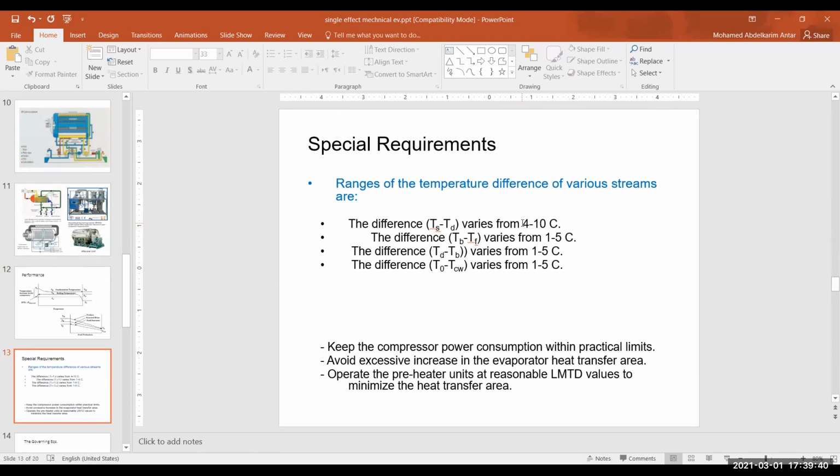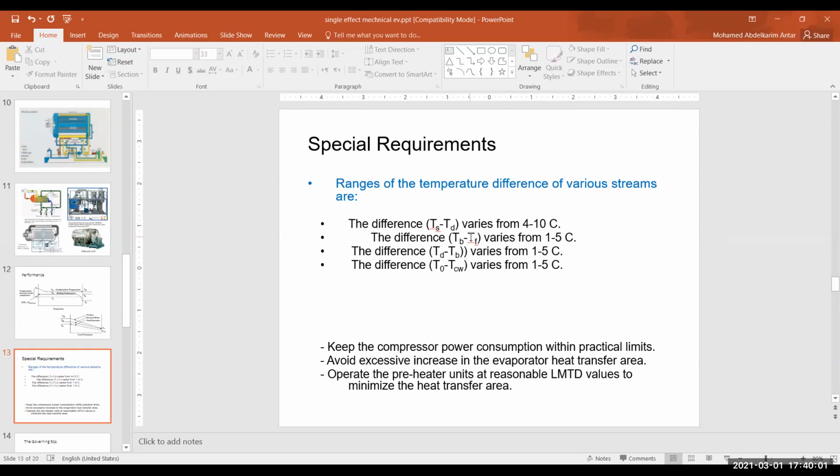So it's a trade-off. I need a high temperature difference because it reduces the required area, but I need a low temperature difference because I need to avoid the generation of entropy. So you have to optimize or make a balance between these two opposing effects.